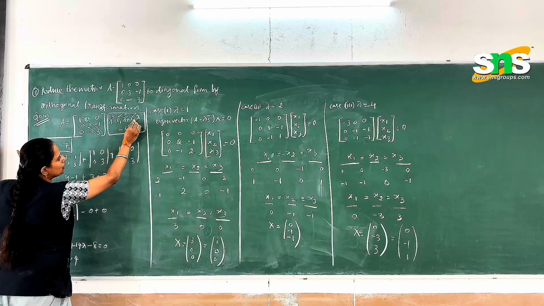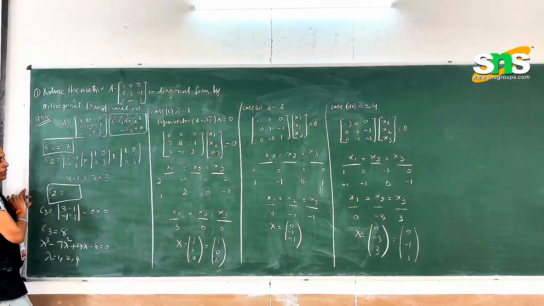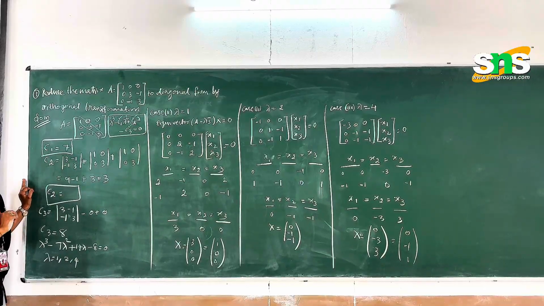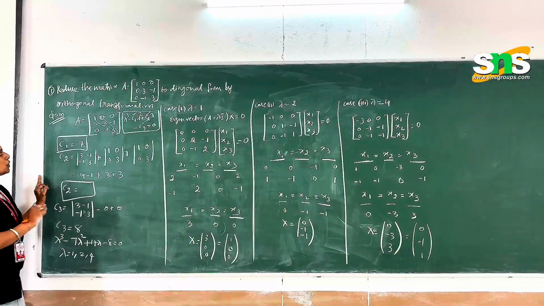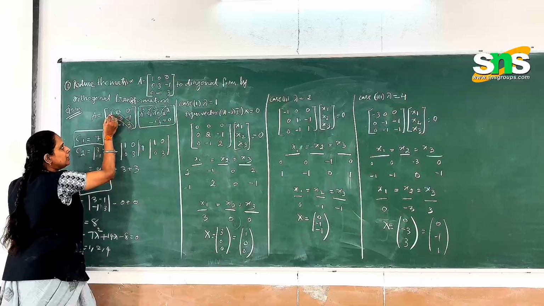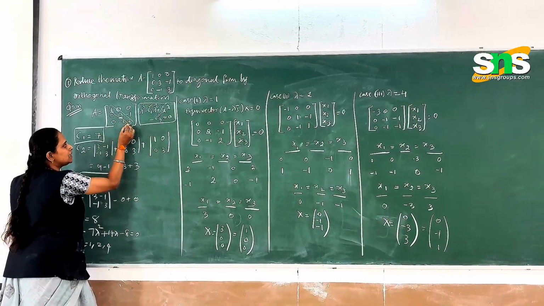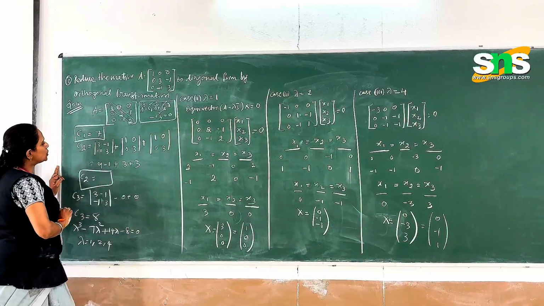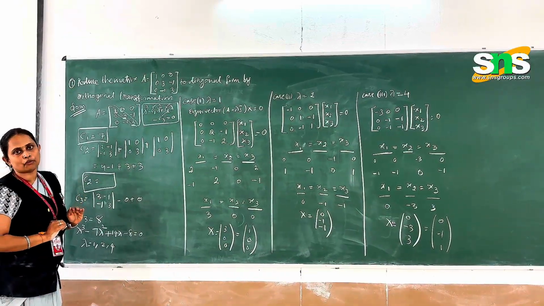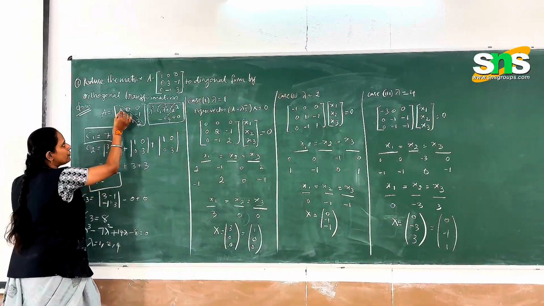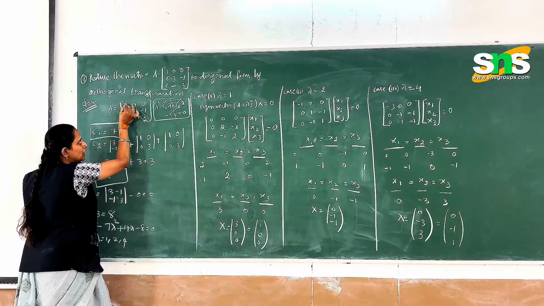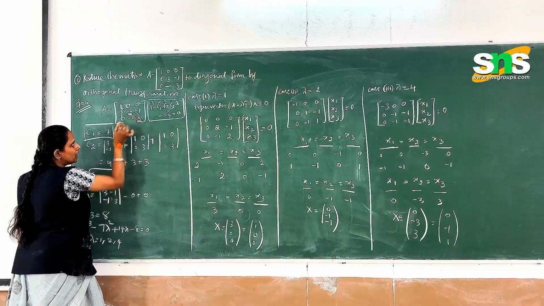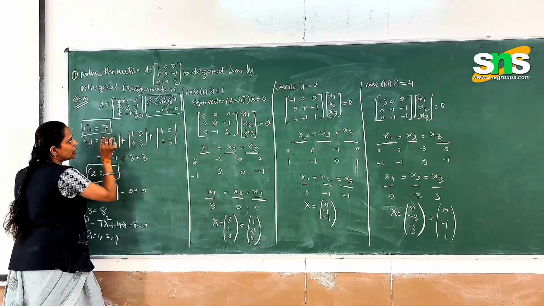Then we are going to solve C2. C2 is nothing but the sum of the minors of the main diagonal elements. Here 1, 3, 3 are the diagonal elements. First we leave the first row and first column; the remaining elements are 3, -1, -1, 3.